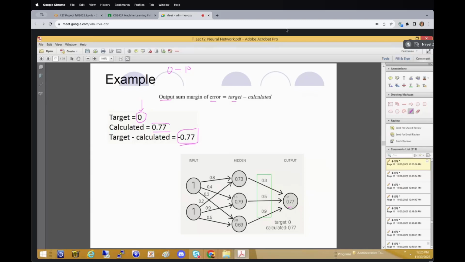Now we have to find the policy to update the weights based on this error.